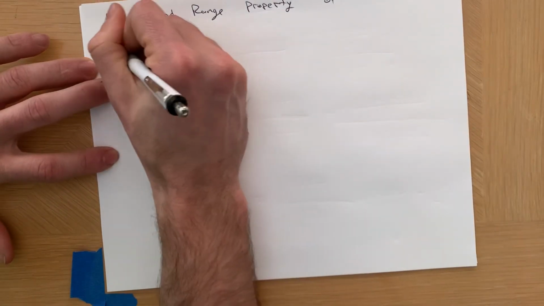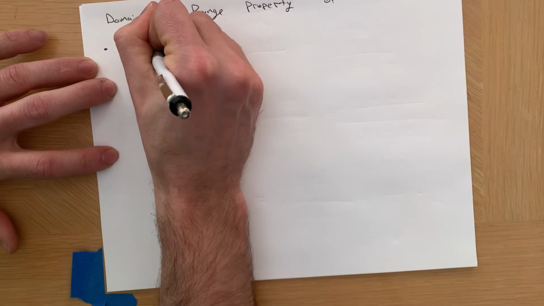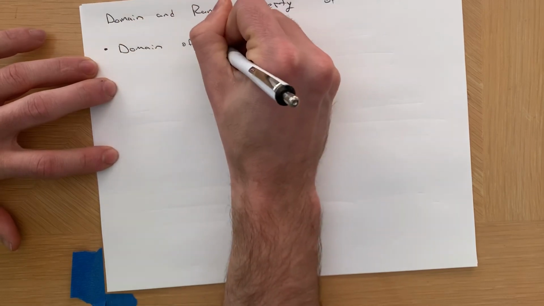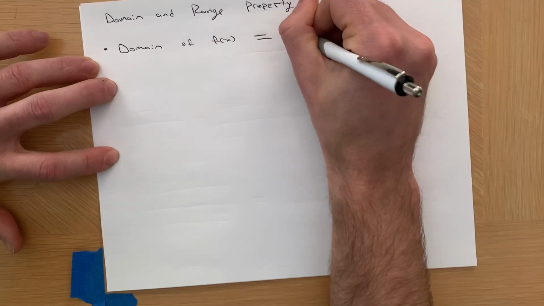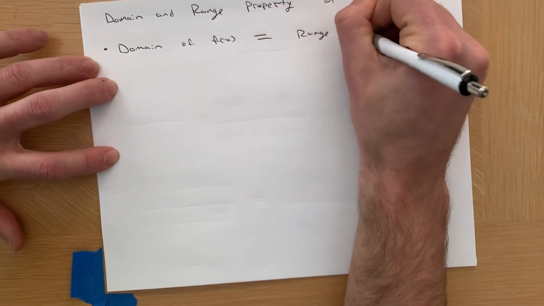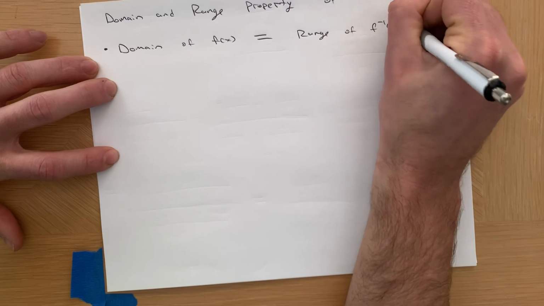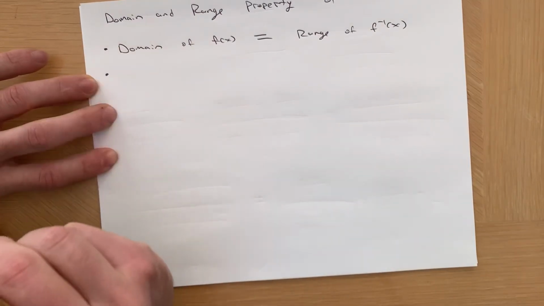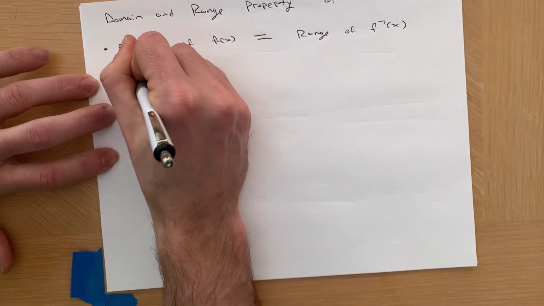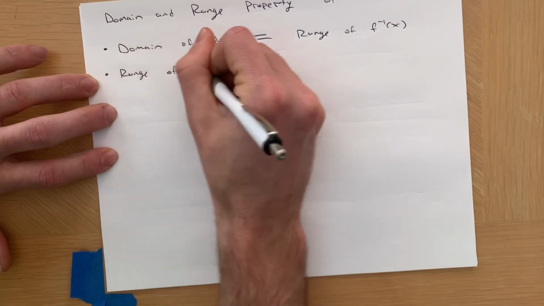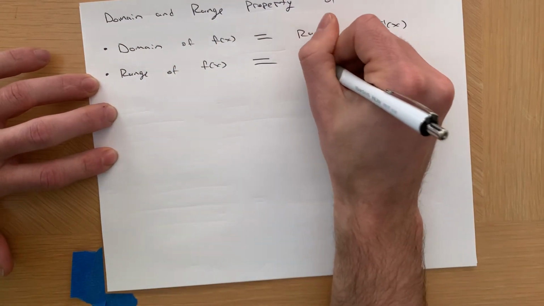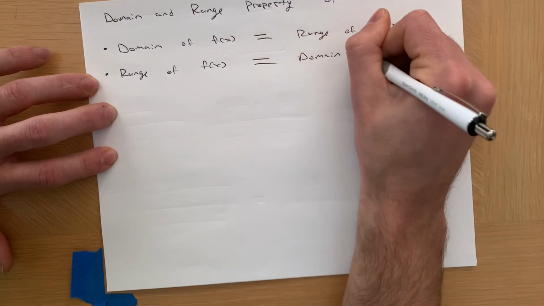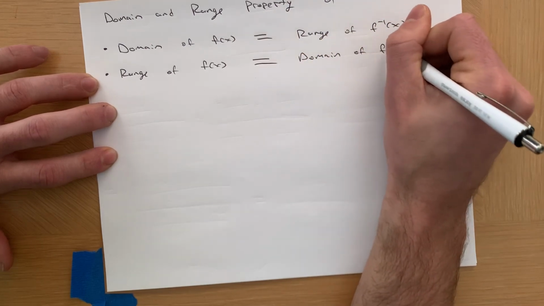We have the domain of f of x, that is the same thing as the range of f inverse of x. And the range of f of x, that's the same thing as the domain of f inverse of x.